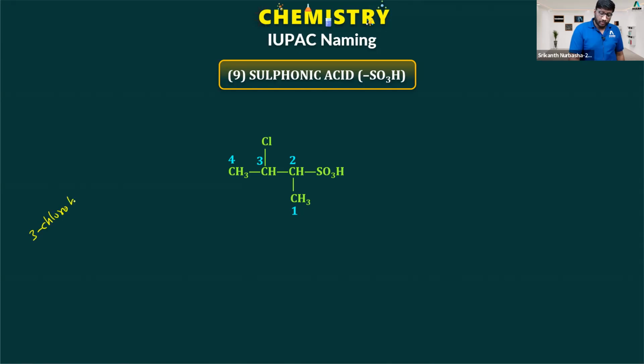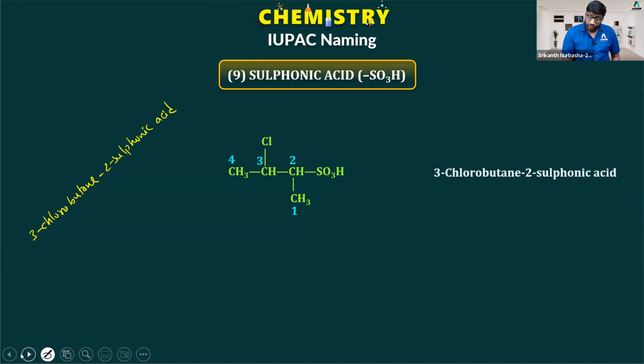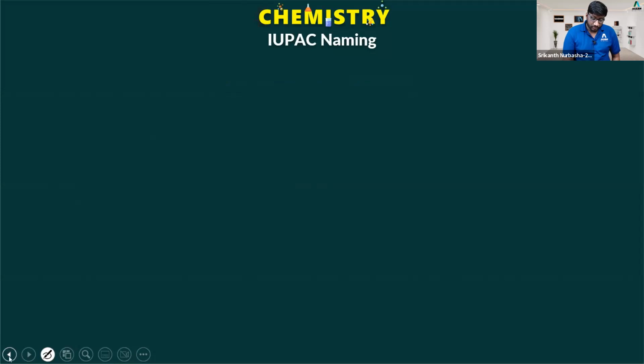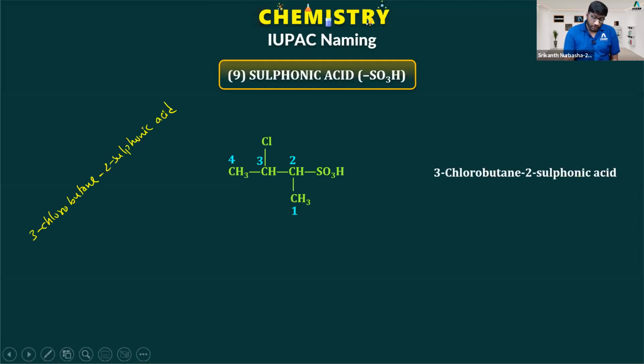So 3-chloro butane, and SO3H is now the principal functional group, so you can use 2-sulfonic acid. 3-chlorobutane-2-sulfonic acid. That is going to be the correct name for this particular compound. Right? We have the same name, right? 3-chlorobutane-2-sulfonic acid.